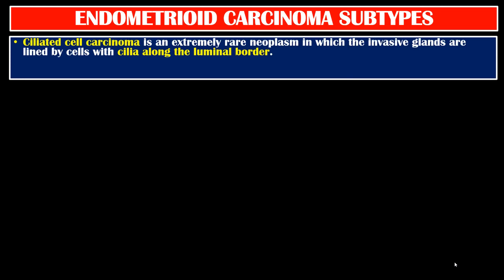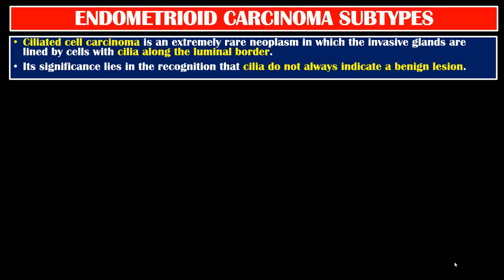Ciliated cell carcinoma is an extremely rare neoplasm in which the invasive glands are lined by cells with cilia along the luminal border. Its significance lies in the recognition that cilia do not always indicate a benign lesion.